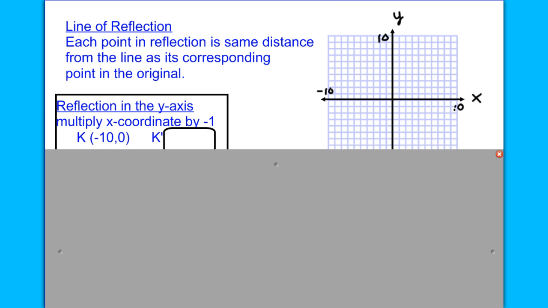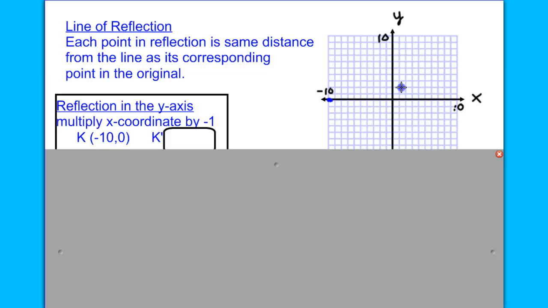So if we take a point at -10, 0, we walk -10 and fly 0. Place it on there. We want to reflect that point across the y-axis, so we multiply the x coordinate by -1.